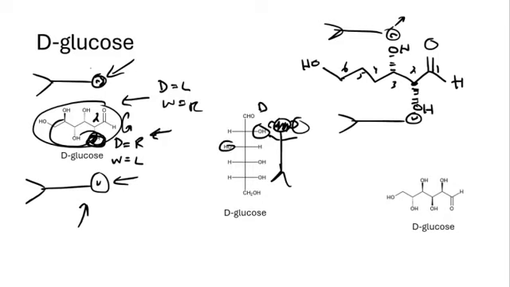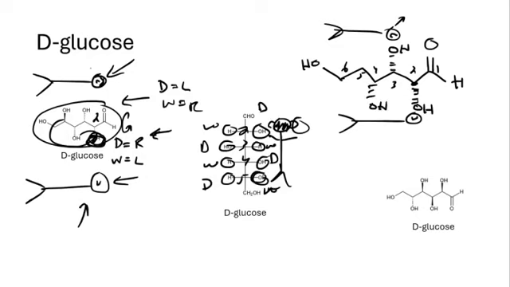So dash, dash, dash, dash, wedge, wedge, wedge, wedge. So if I were to draw this, my OHs would be from 2, 3, 4, and 5. 2 would be a dash, 3 would be a dash, 4 would be a dash, and 5 would be a wedge.